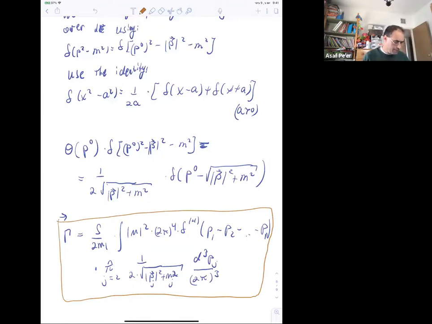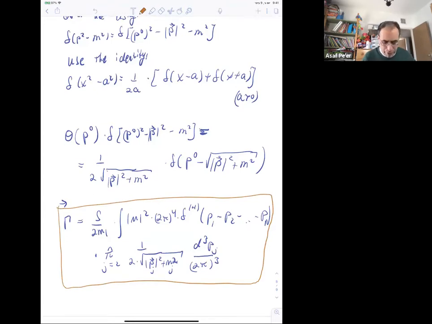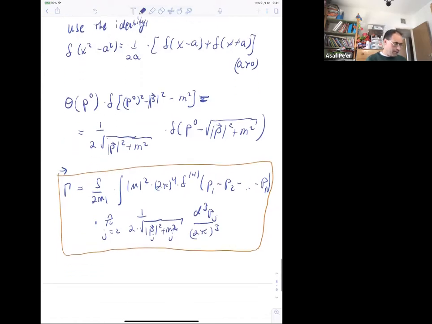And now we still have one delta function, right, which we can use every time we're seeing pj0 or ej. Now we don't see pj0 here, but you can have a pj0 inside M, right?